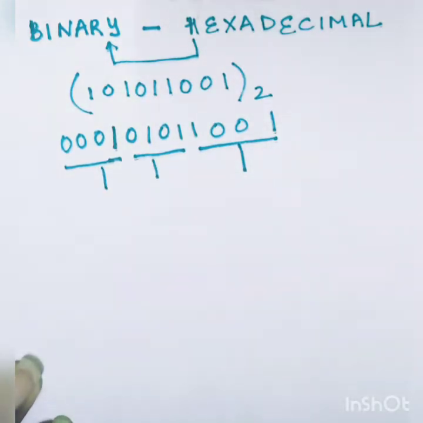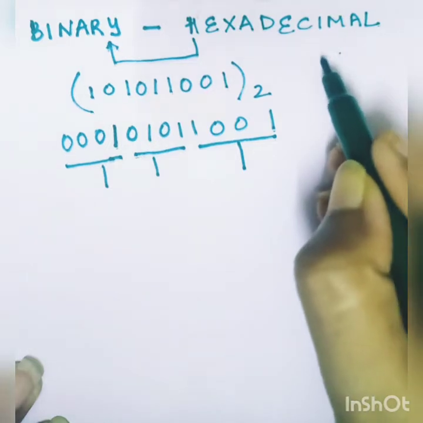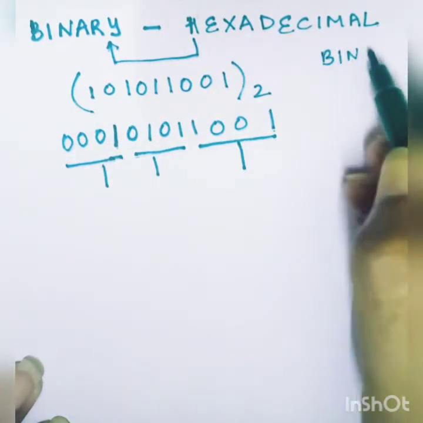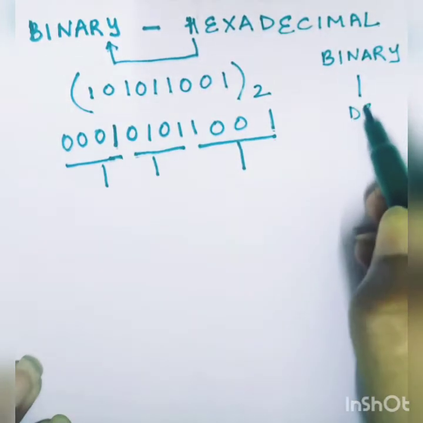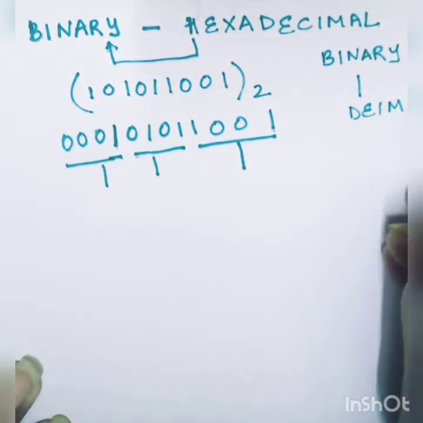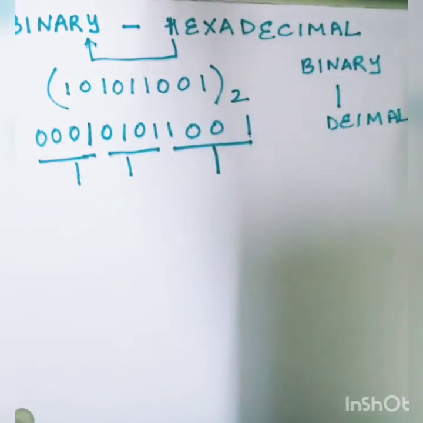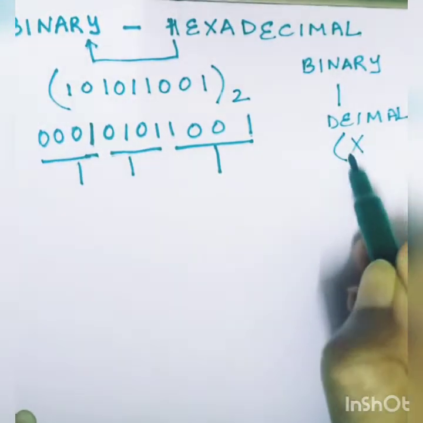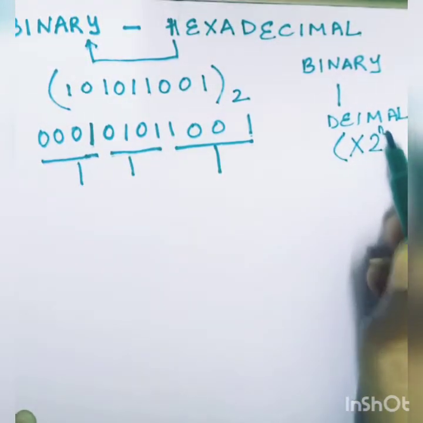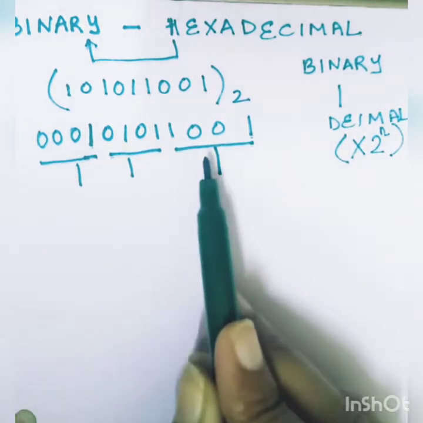Okay. Now let us see individual conversion. How do we convert binary to decimal? What do we do in order to convert? We multiply by increasing powers of 2. So let us take the first one, 1 0 0 1.